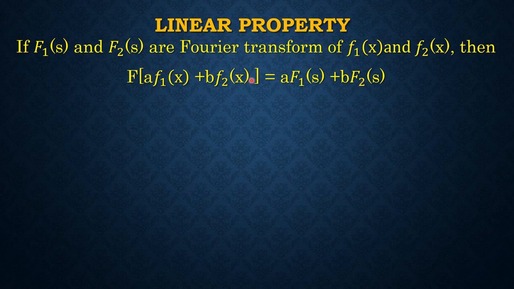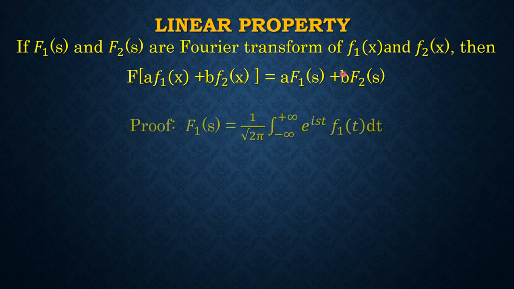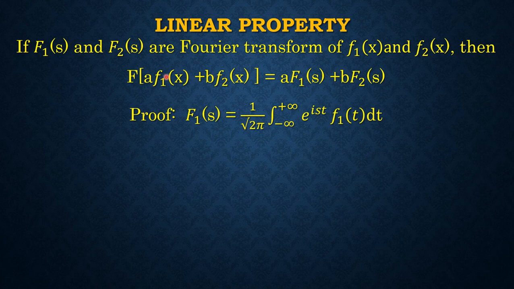That is, this is the linear combination of the two functions, and it equals the sum of the Fourier transforms of the individual functions. Here a and b are constants, and this is proved in this way.